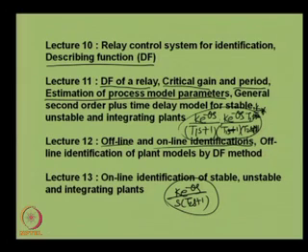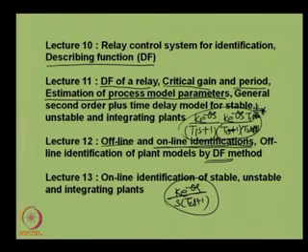In the offline identification, the controller will be replaced by the relay, whereas in the online identification, the controller will always be in action, will be in the loop, and the relay will be connected in parallel with the controller. That gives us online identification schemes for different types of closed loop control systems. Now, again using the describing function method, we shall try to identify the parameters of a model based on the offline identification scheme.